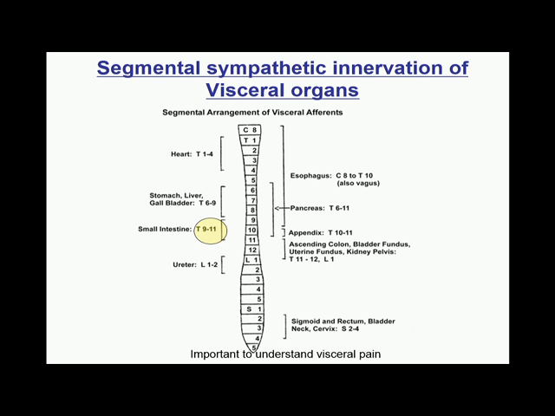And this provides the basis of referred pain of GIT. Basically, when a foregut structure is affected by a noxious stimulus, it causes epigastric pain, and that roughly corresponds to the T5, T6, T7, T8 dermatomes.